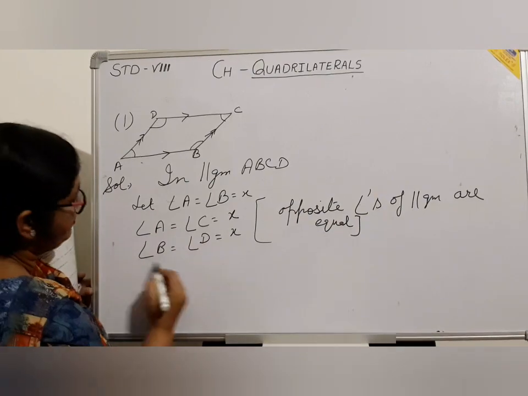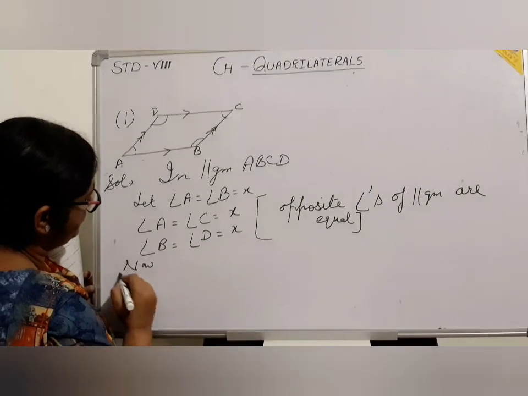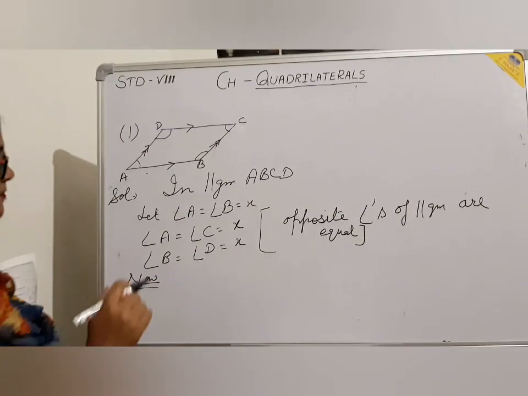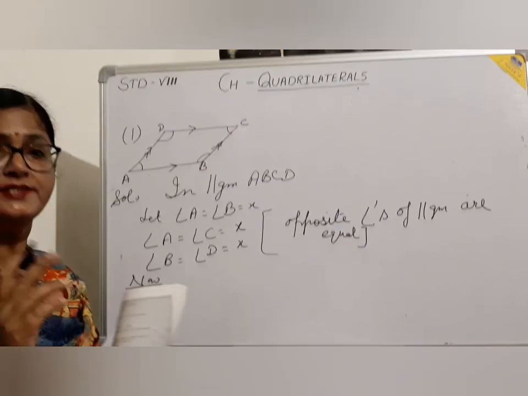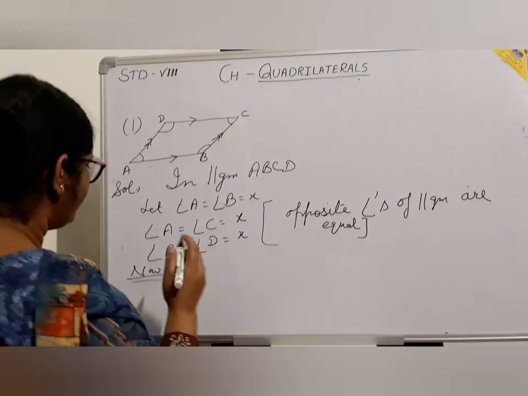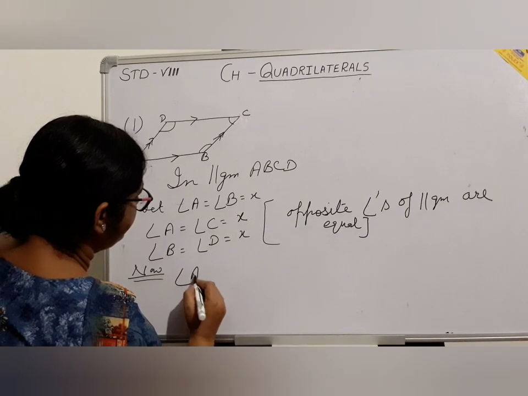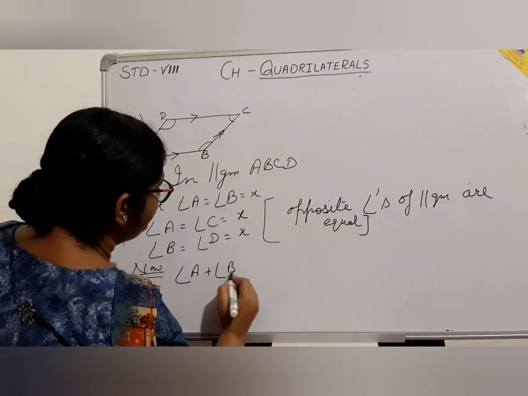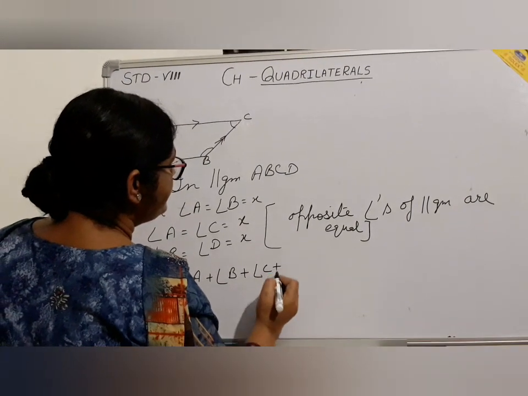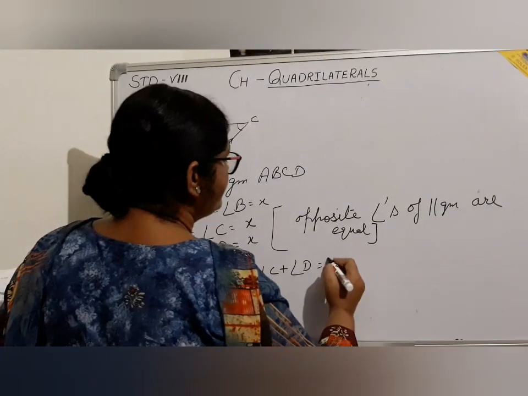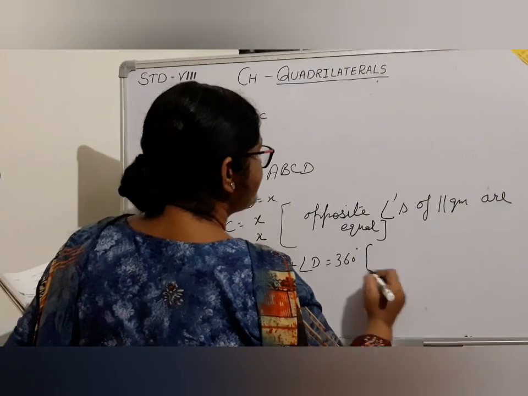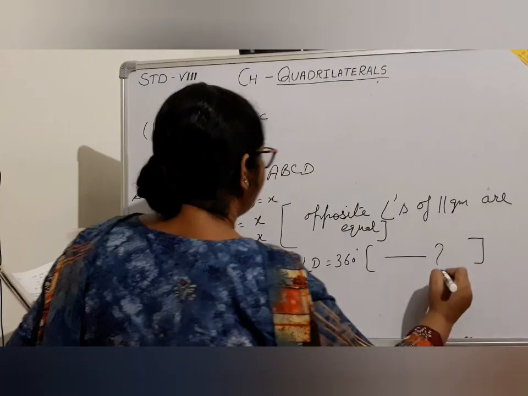Now you should know the sum of the angles of a quadrilateral is 360 degrees. We did this in the last chapter. Angle A plus angle B plus angle C plus angle D is equal to 360 degrees.